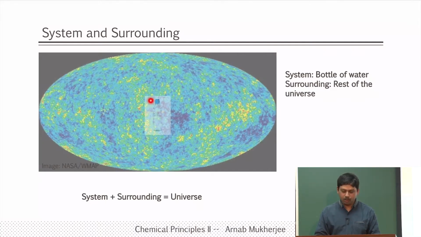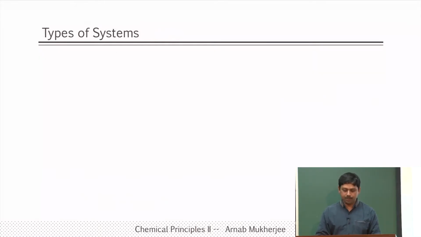Let us say the bottle is the system, and everything else apart from the bottle in the whole universe is the surrounding, and system plus surrounding is the universe. When we mean universe, it is in the real sense the physical universe in which we live, and you will see that it becomes very clear when we decide that as the universe and do the calculation.